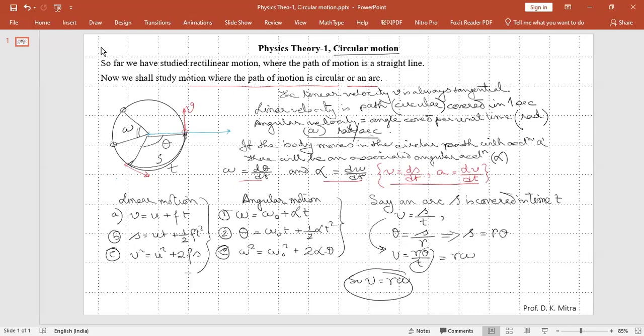You also need to remember that linear velocity v is equal to the radius of the circle multiplied by angular velocity. Similarly, linear acceleration A is equal to r into angular acceleration alpha. These are the pieces of information that you need to remember.